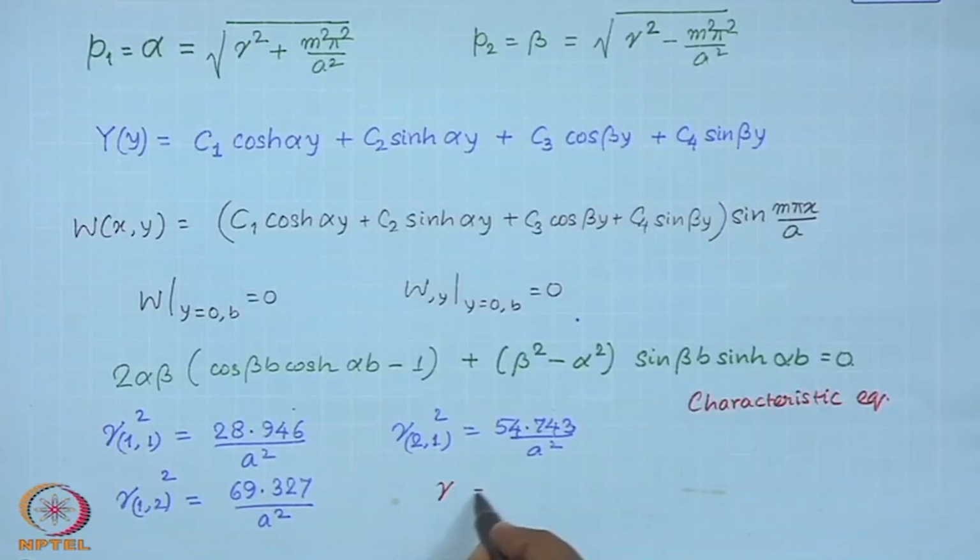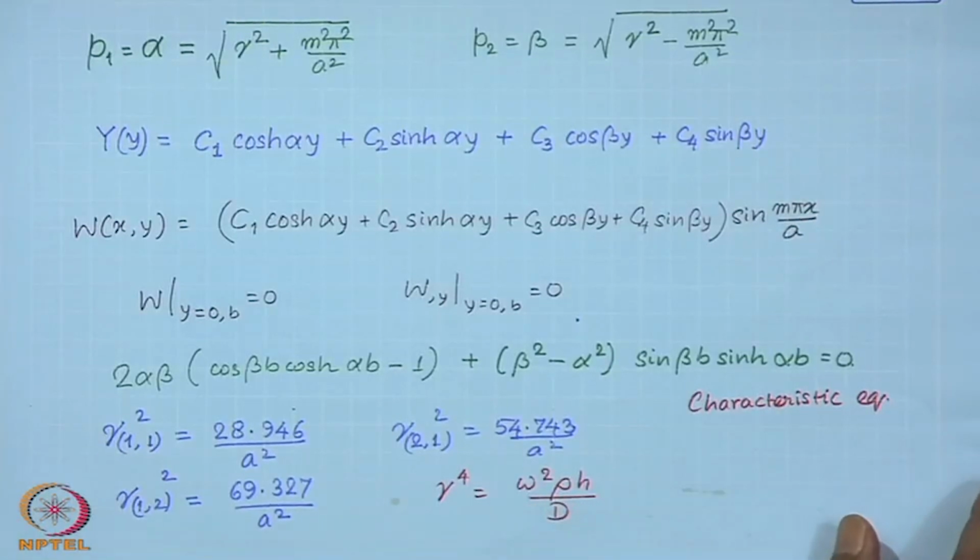So, gamma power 4 is this, so from here you can determine the natural frequencies.